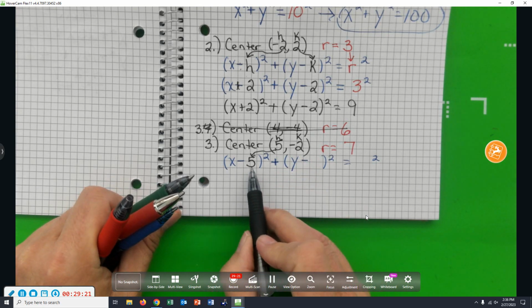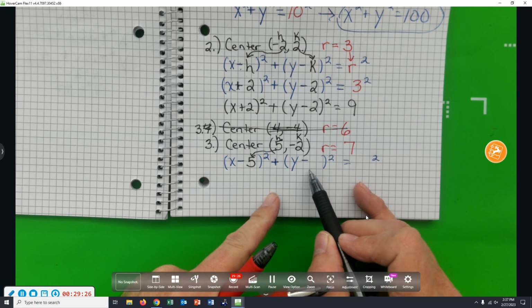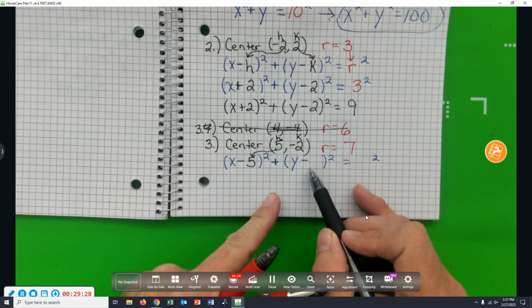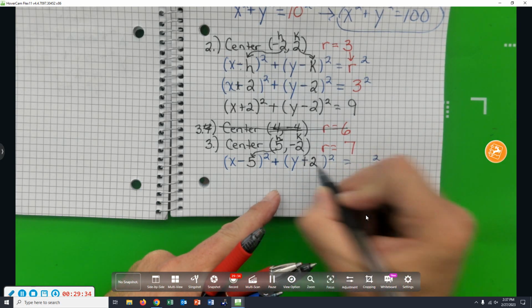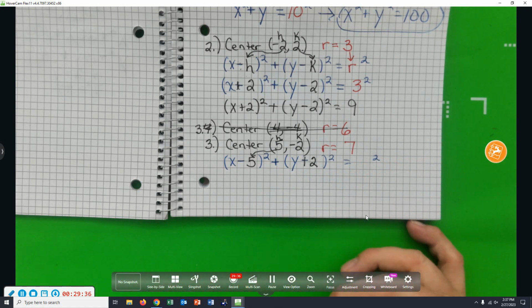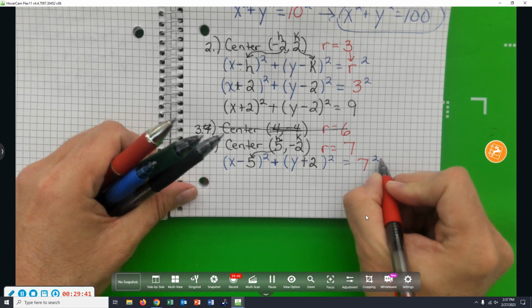So we have x minus 5. But what about over here with y minus k? It's going to be a +2 because of the minus -2. So a +2. And then it'll be 7, and we're going to 7 squared.